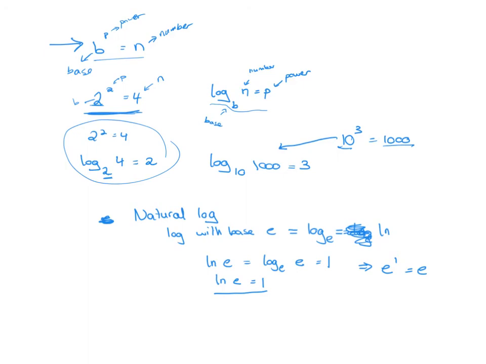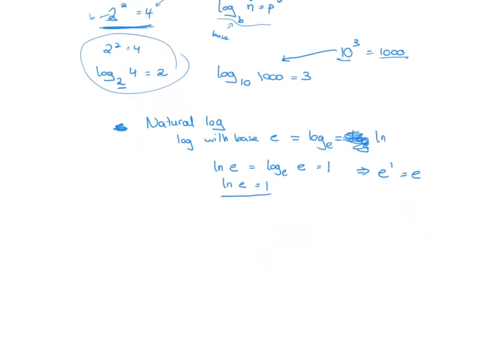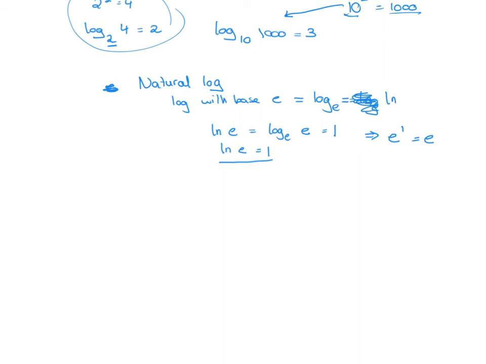Now I want us to look at the rules that are actually within your book, because you are given them and you will be given this in the exam. It will be in a formula booklet. The first rule is that log ab is equal to log a plus log b.